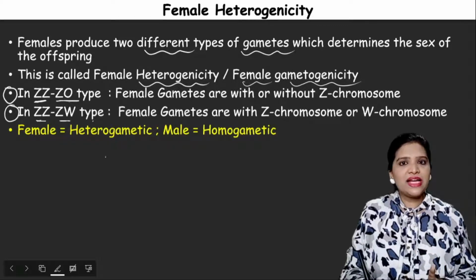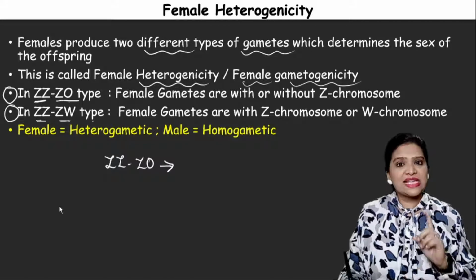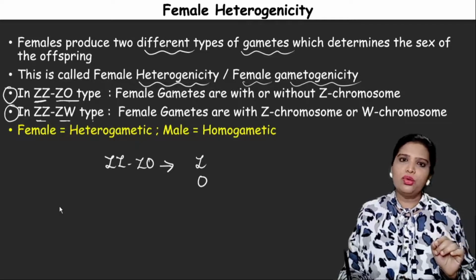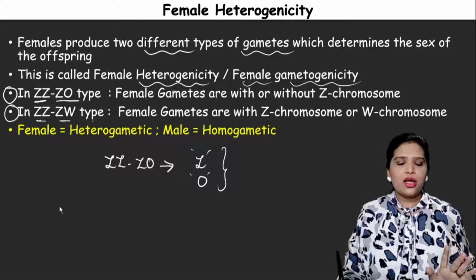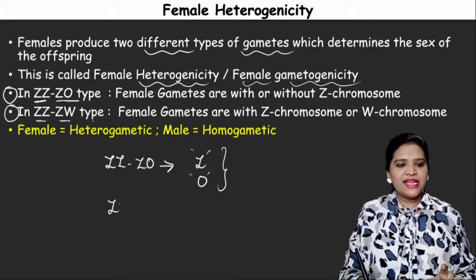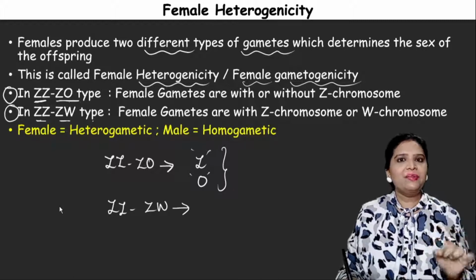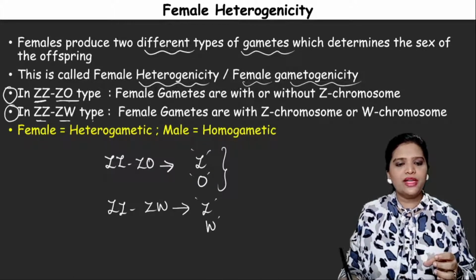So in the first type, the ZZ, ZO type, we saw the butterfly as the example, right? So the female gametes will have either a Z chromosome or no chromosome, zero chromosome. This will be the female gamete chromosome types. And in the second type, ZW, say in birds, the female gametes, that means the eggs, will have either a Z chromosome or a W chromosome.